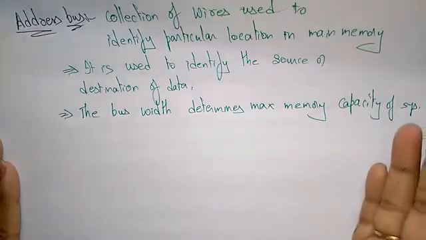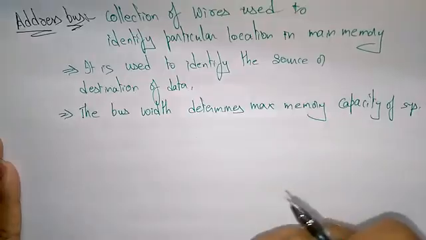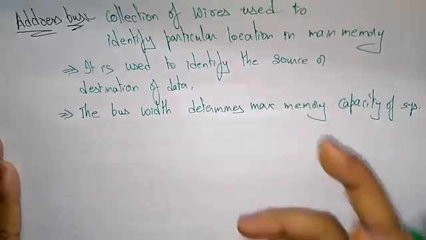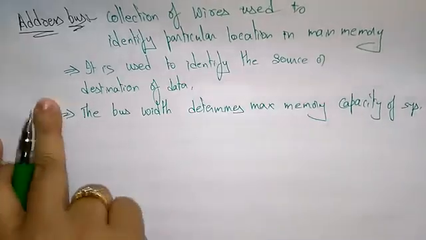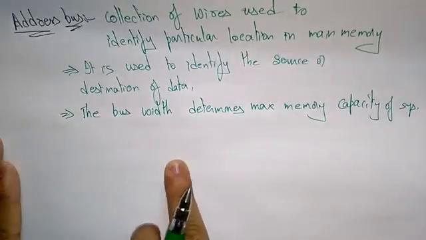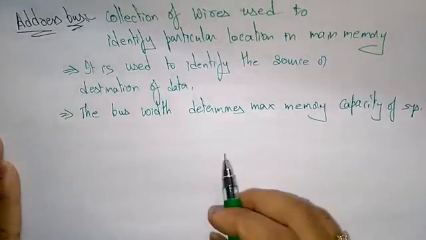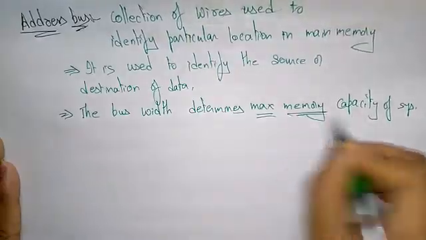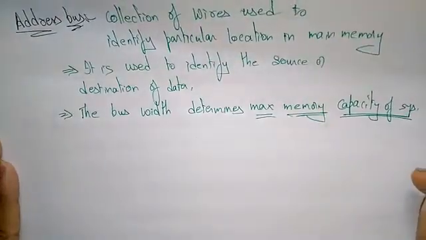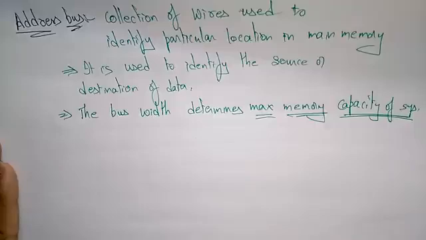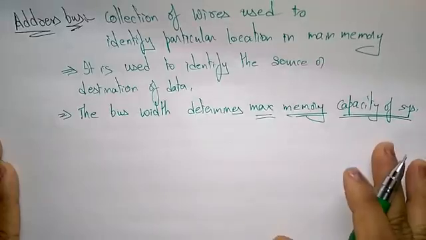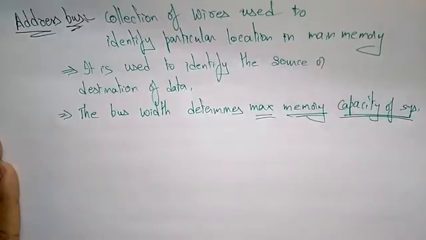Suppose 8 lines are carrying, each line carries 1 bit. So if there are 8 lines, the bus width is 8 bit. So how is the address bus width determined? It is determined by the maximum memory capacity of a system. Whatever processor we are using, the memory capacity depends upon the address bus.